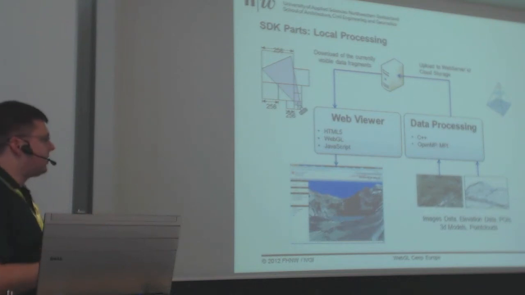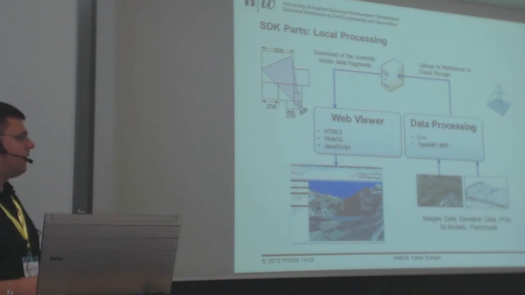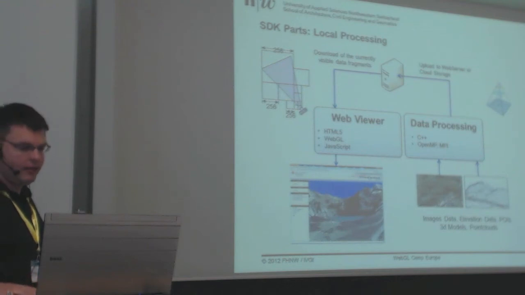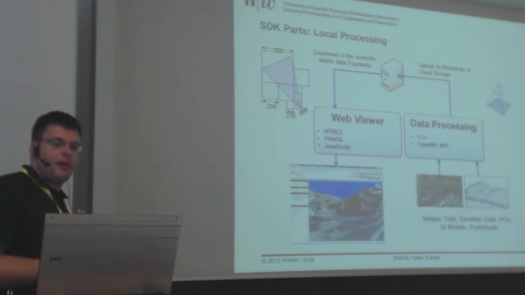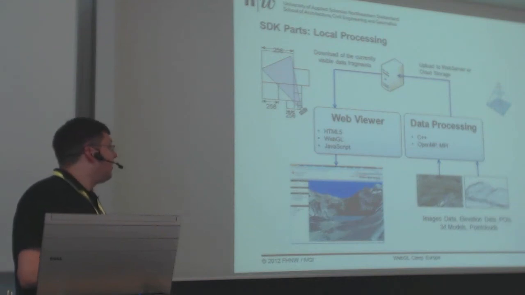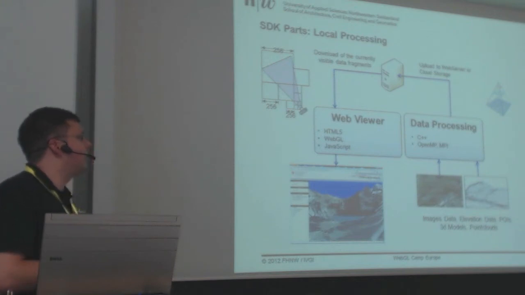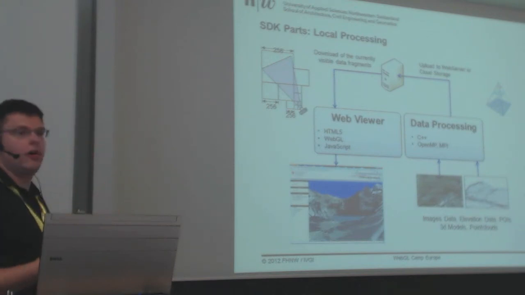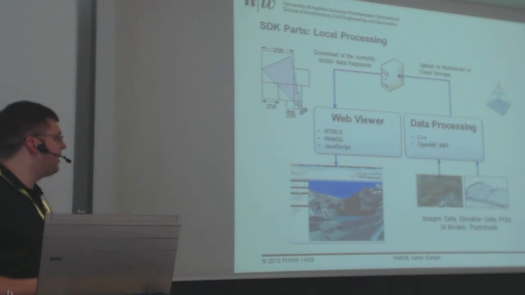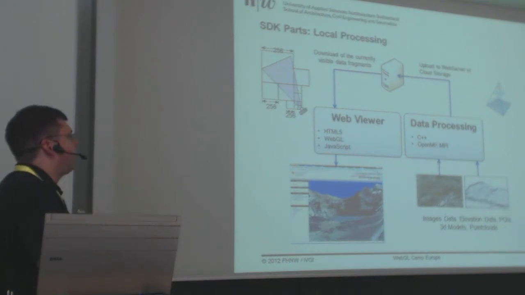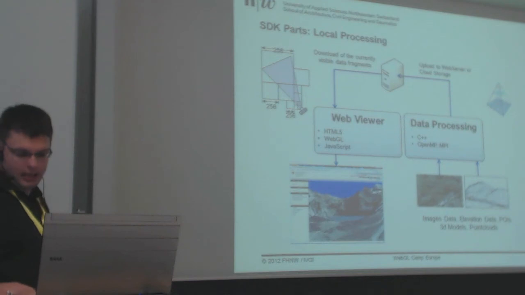Not only the image will be tiled, also the elevation data. We see that later in another screenshot. As soon as you have pre-processed this data, the viewer part of the SDK only requests the currently visible data in the browser. So if you move around through Switzerland, there is a stream of image and elevation data.